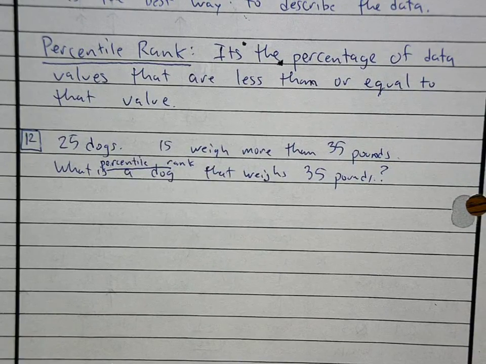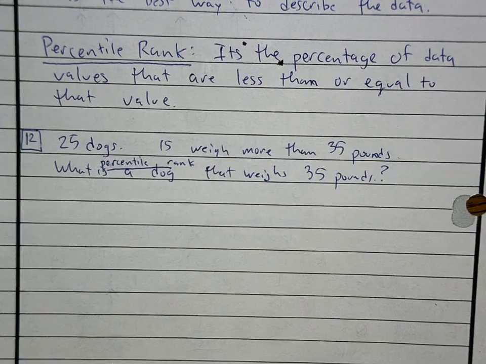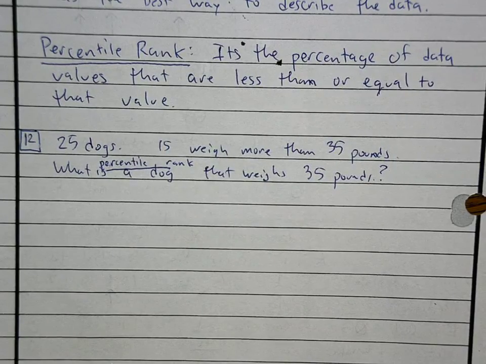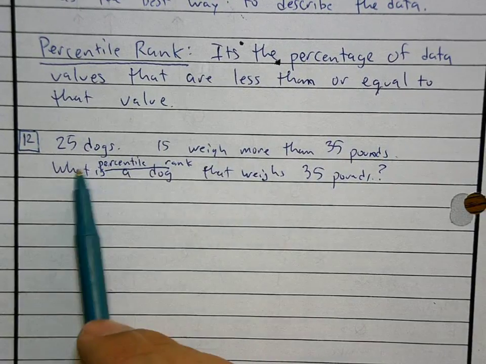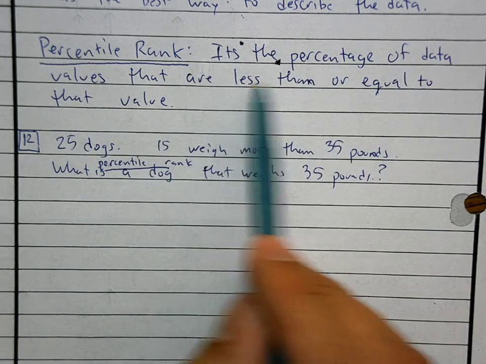Ray, let's find out if you're right. 60? Okay, let's see if he's right. What you're going to have to do with percentile rank is figure out the percentage of data, the values that are less than or equal to that value.